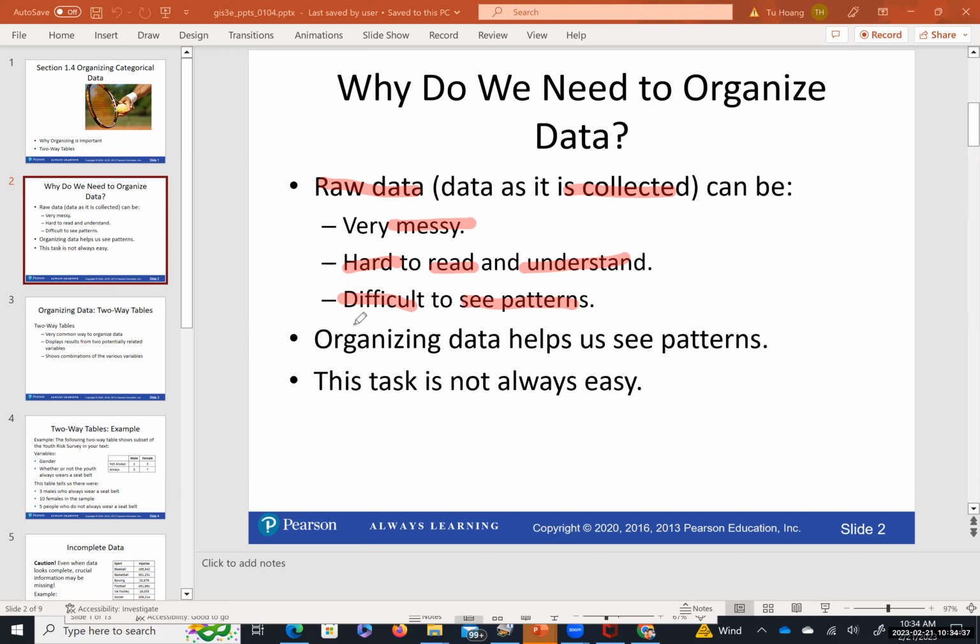So that is the raw data if you don't organize it. Organizing data will help us to see the pattern. And keep in mind that this task is not always easy.